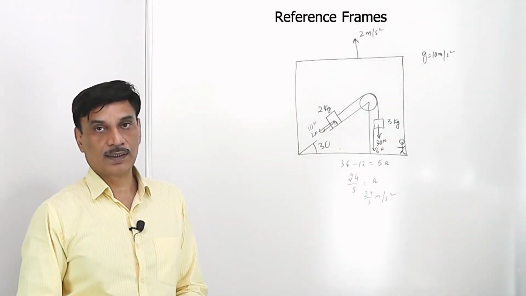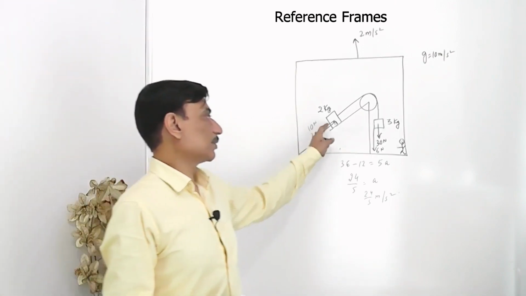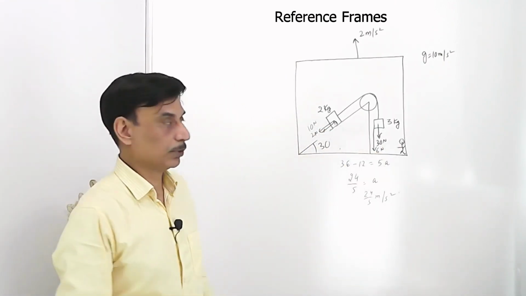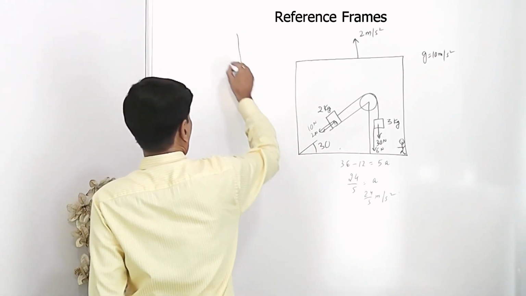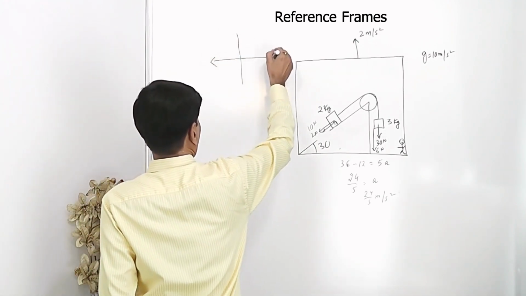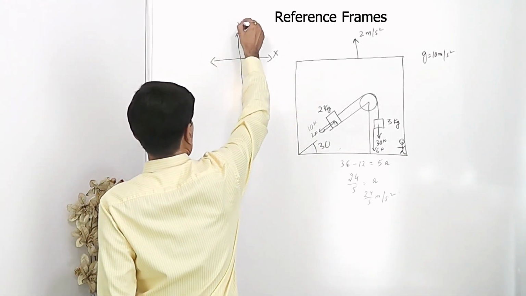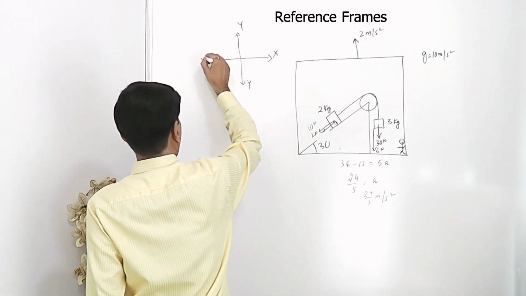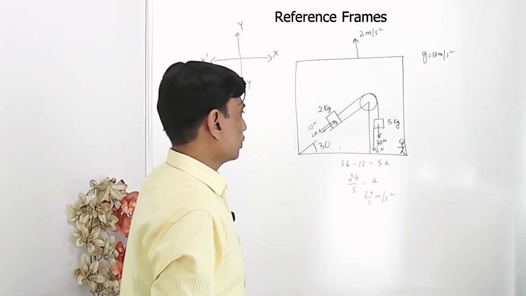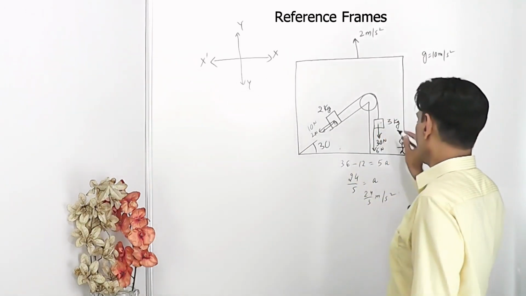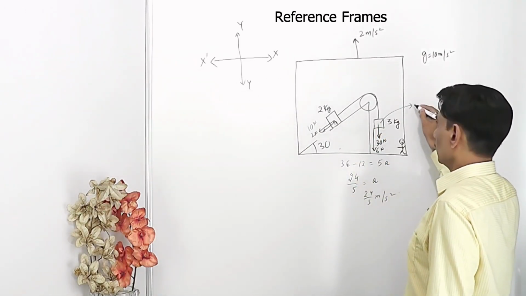So if you wish to write these two accelerations as seen by this person in vector notation, we can say this is the x axis, this is the y axis, y dash, x dash. So the acceleration of this is going downwards.